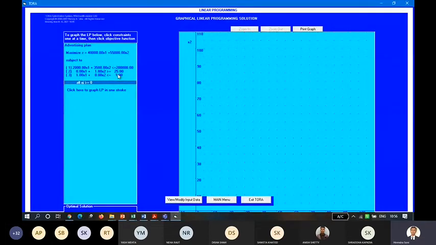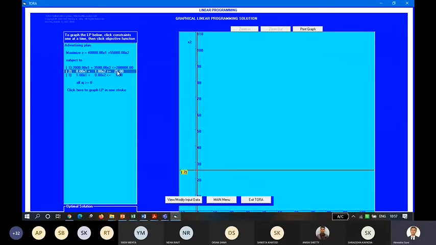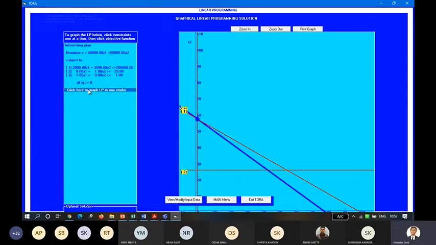My first equation comes here itself, less than or equal to, so all the values will come on this side. What about this one? The second one is this, and then my budget. So in one go, this is what it is actually talking about.